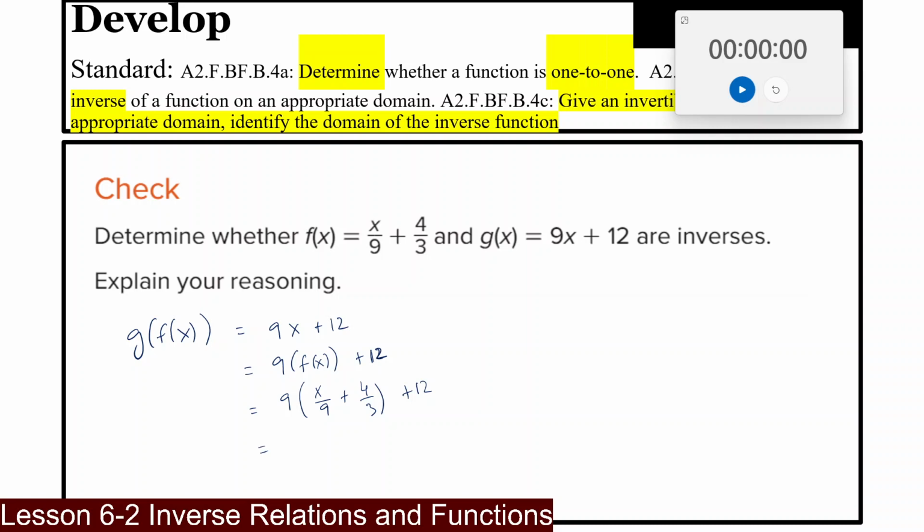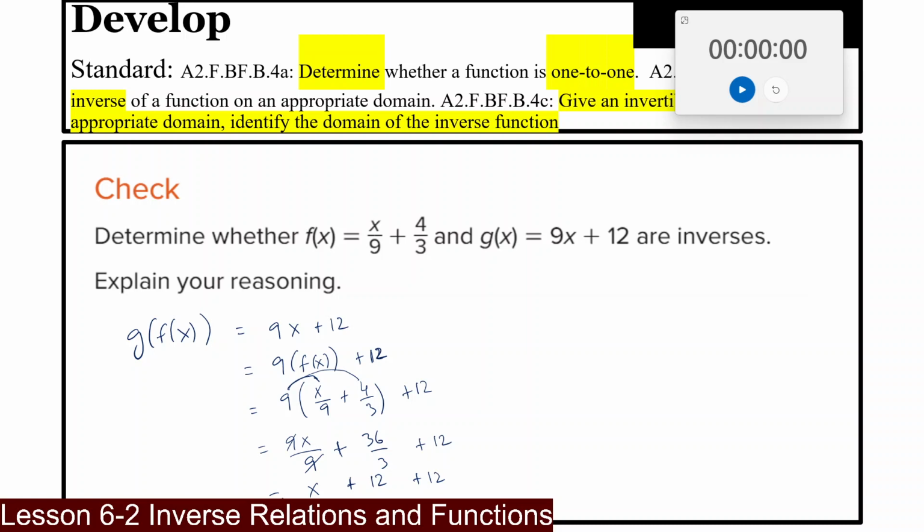So what is 9 times x over 9 plus 4 over 3? I need to distribute 9 into both of these terms. So here I get 9x over 9 plus 9 times 4, which is 36 over 3 plus 12. 9 cancels out the 9, so I'm left with x. Hey, there's hope. x plus 12. Oh, it's plus 12 plus 12.